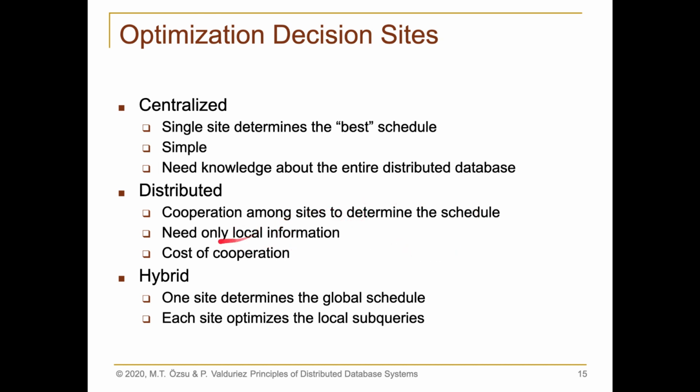In this kind of operation, each node in a distributed database environment is required to know only its local information, but there is a cost of cooperation between different nodes or network sites in the distributed database environment. The other query optimization classification from the perspective of decision sites is hybrid. In this kind of approach, one site determines the global schedule and each site optimizes the local subqueries according to the global schedule.